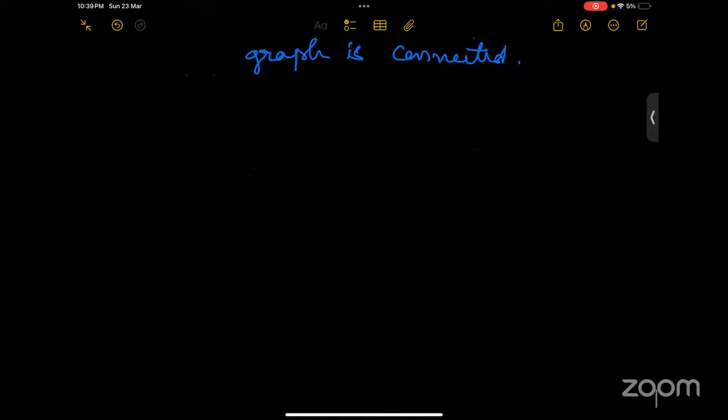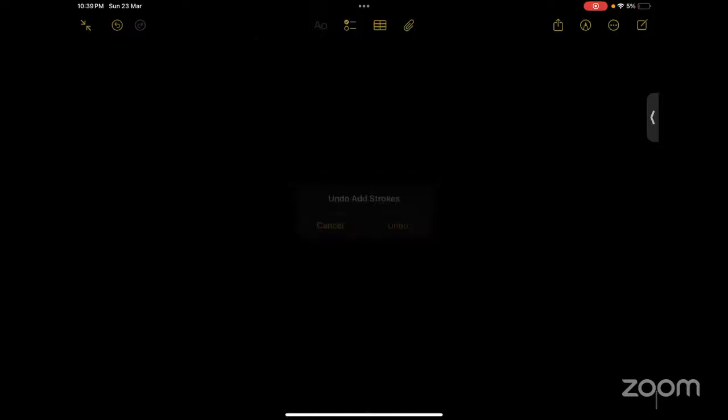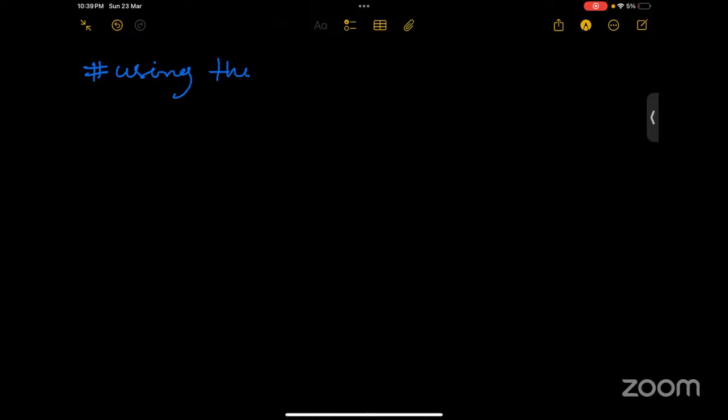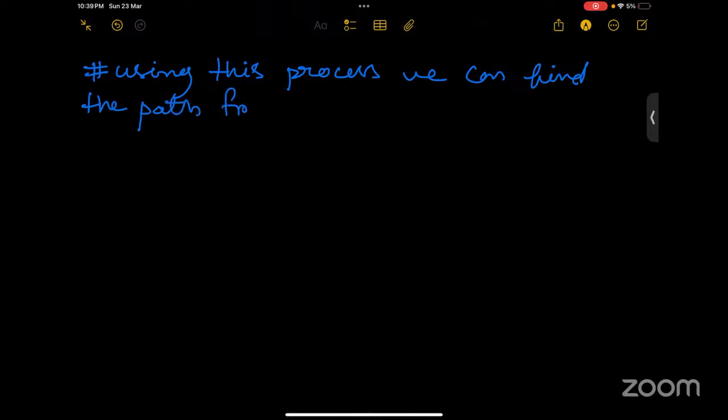Now, using this process, we can also find the path from one point to another point. Okay. How? Using this process, we can find the path from one vertex to another vertex.